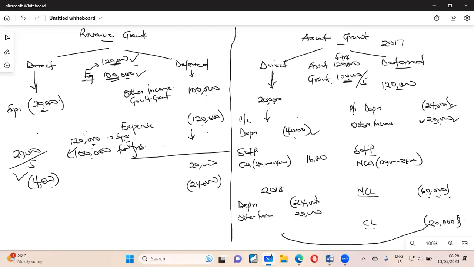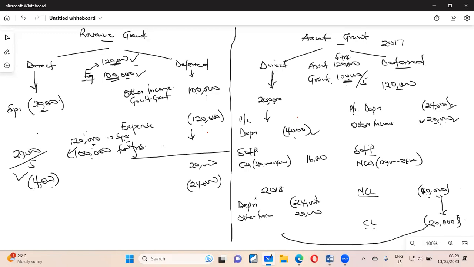Then you shift 20,000 back to this place because that is the grant that you are receiving the following year. So the balance here will be 40,000. By the time the 5 years is over, everything will be nil. Have I made sense, please?